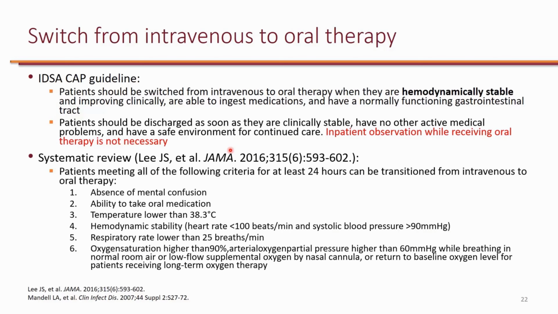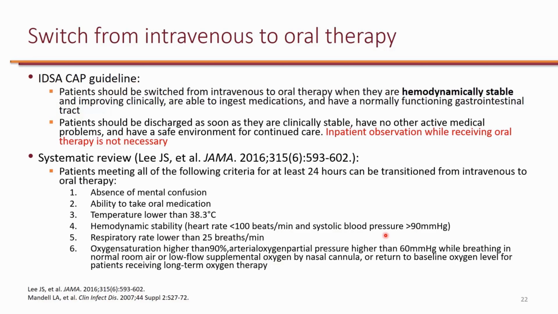Now, there was a systematic review published in JAMA in 2016 that looked at the evidence for criteria helping transition patients from IV to PO. So basically: absence of mental confusion, ability to take oral medications, absence of fever, and hemodynamic stability, which is defined as heart rate less than 100 and, of course, systolic blood pressure greater than 90.